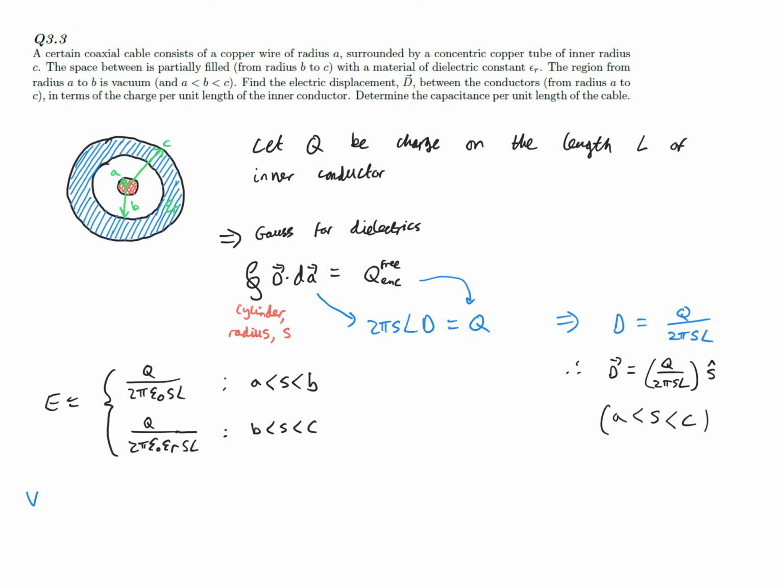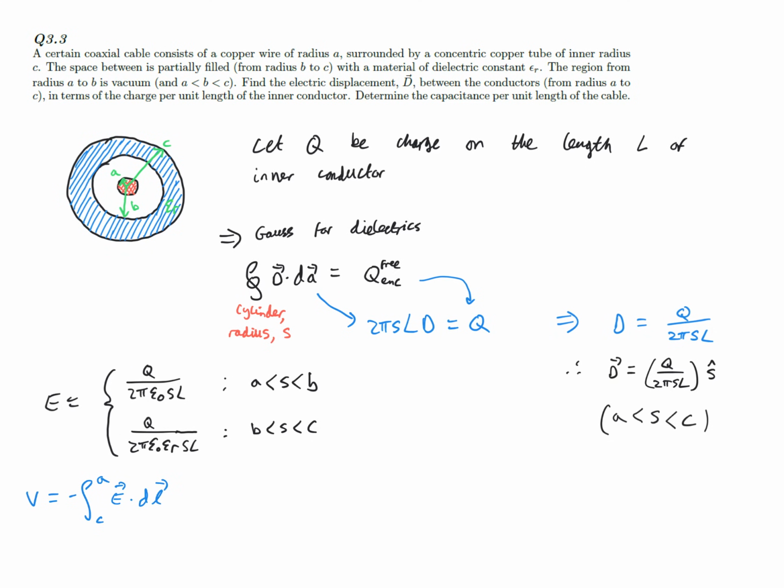And we can obtain the potential as the integral of the electric field, and we've just computed the electric field. So I'm going to break down the integral into two pieces.